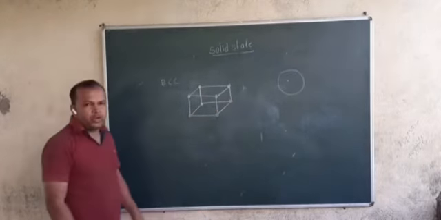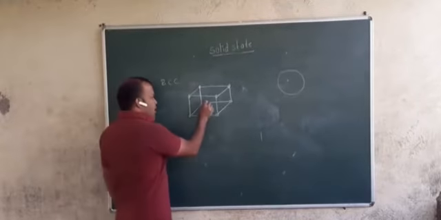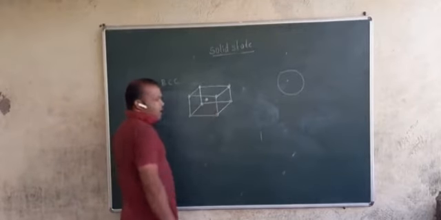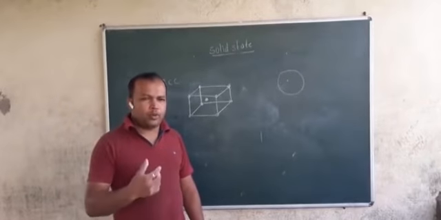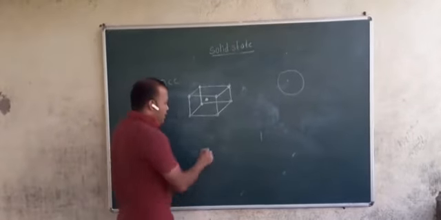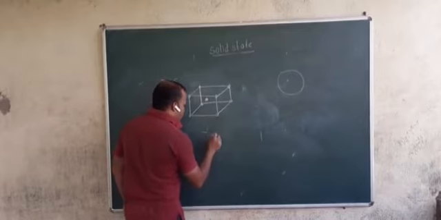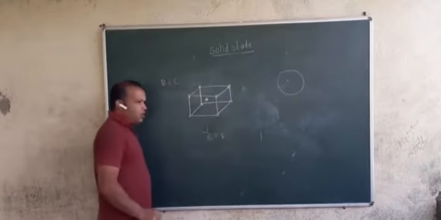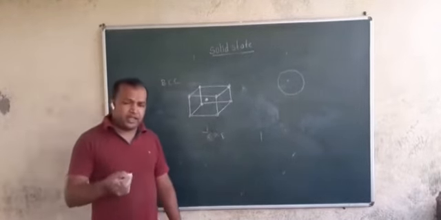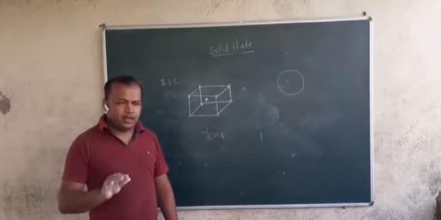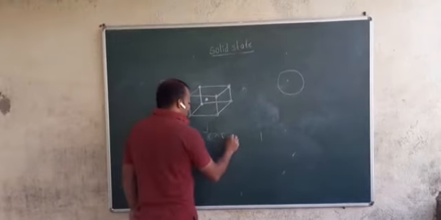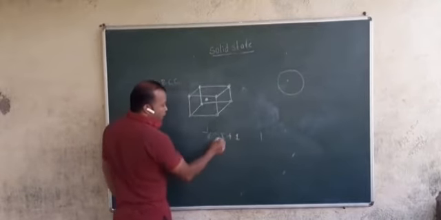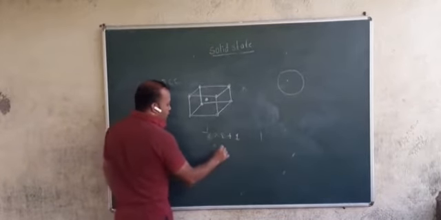Yes, 8 constituent particles at 8 corners and 1 in the center. As you know, we have seen the contribution of the corners, that is 1/8 of 8. And here one extra is there in the center, and the center constituent particle will not be shared by anyone. So plus 1. So 1/8 of 8 is 1, plus 1.